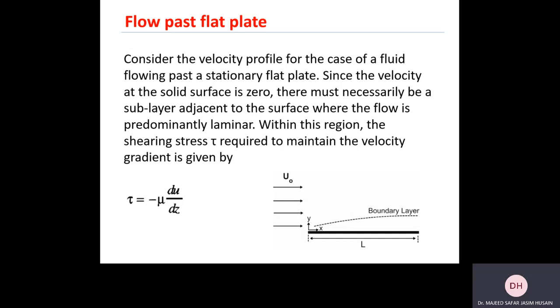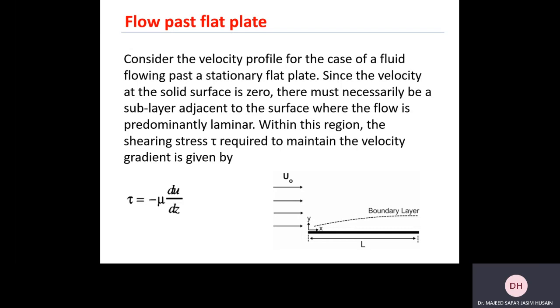At the solid surface, we know that the velocity is zero, but then there is a laminar boundary layer next to the surface of the flat plate, and the velocity will increase. That's the laminar boundary layer. We have taken it in fluid mechanics.